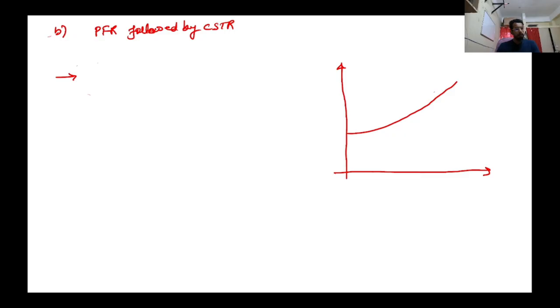Always remember, the minimum volume will be the best alternative, because the cost per volume is very high, and cost optimization is the first priority of every industry. So this is the PFR, and then it is going to the CSTR.